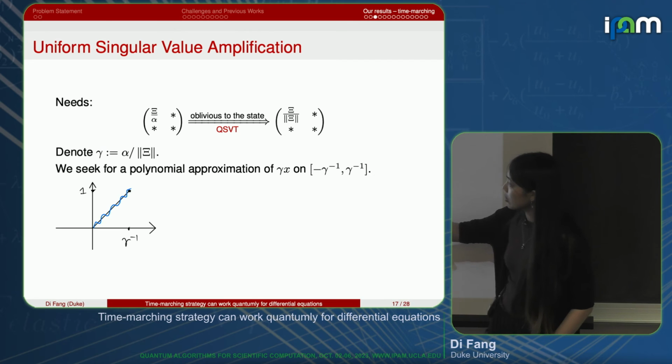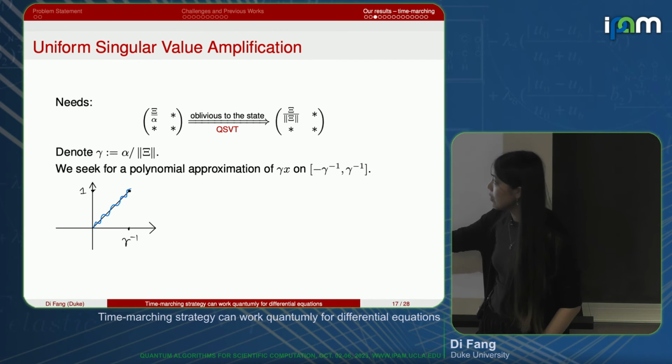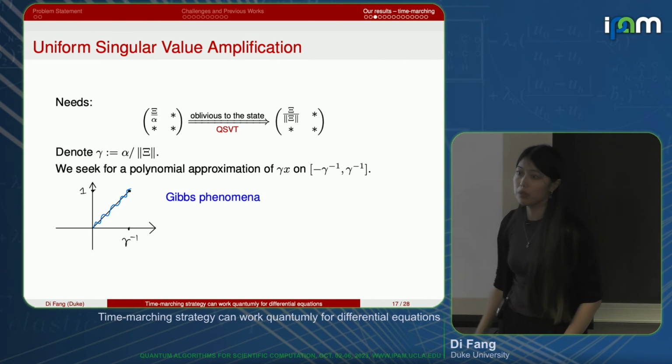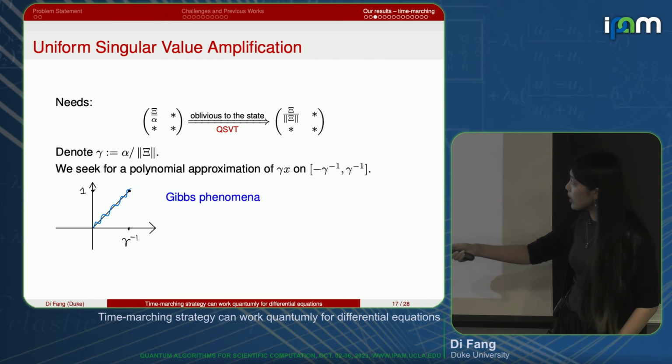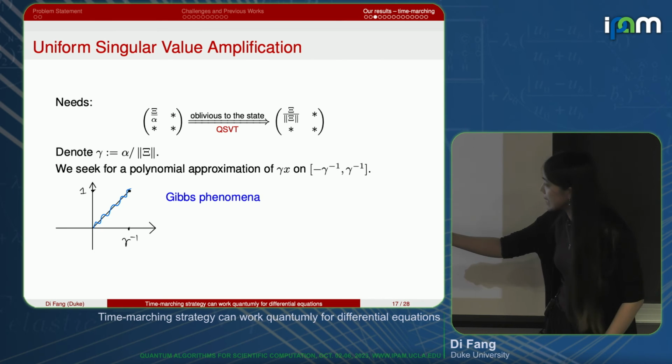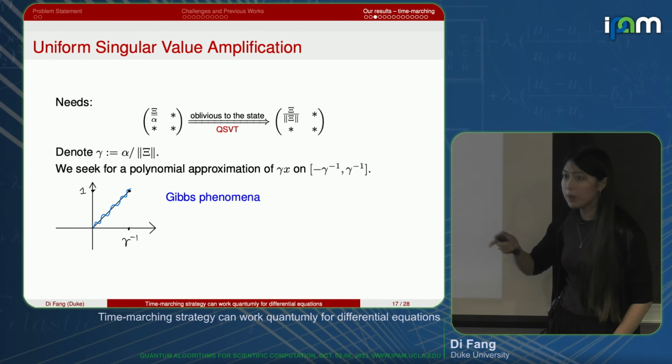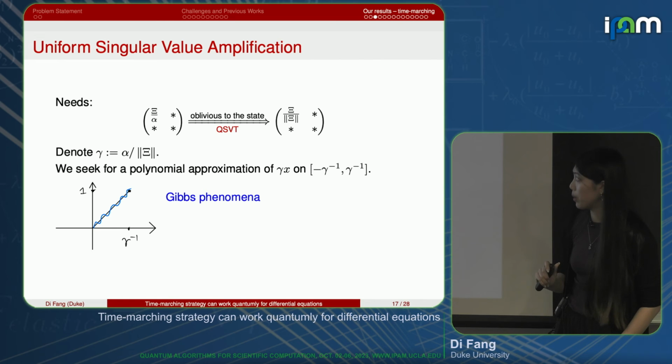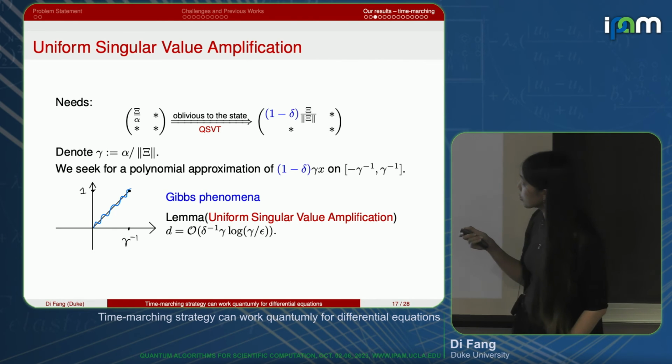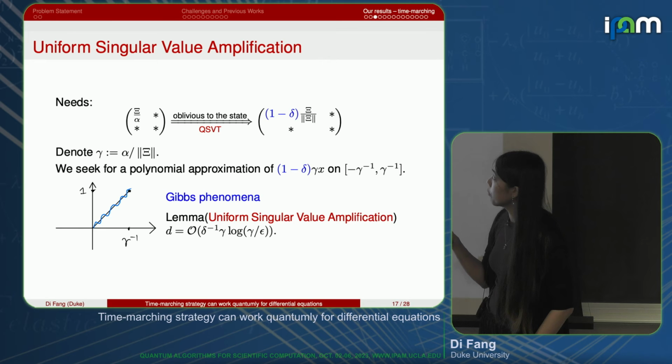Instead, you want to do a polynomial approximation, and you immediately realize that in order to pose these norm conditions, there will be Gibbs phenomena going on. Gibbs phenomenon tells you that you cannot perfectly sit at this point. There will be some overshooting that is not avoidable. Exactly due to this overshooting, we have to pay a price.